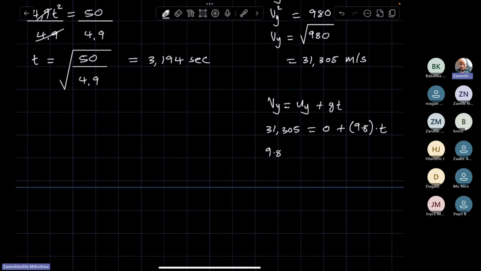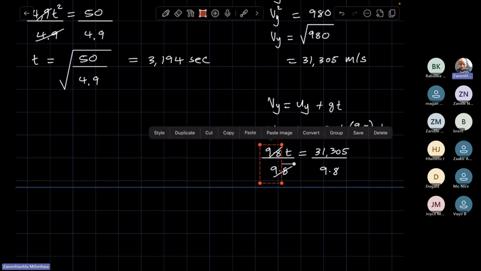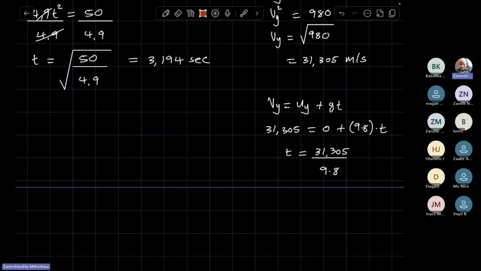So 9.8 t is equal to 31.305. Then you divide both sides by 9.8. That cancels, meaning that t is equal to the same 3.194 seconds.